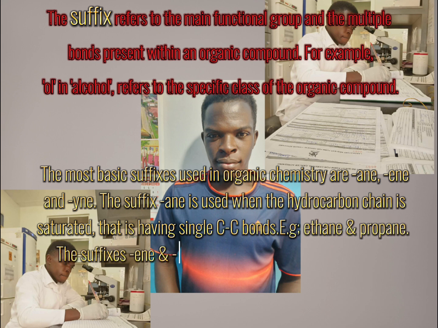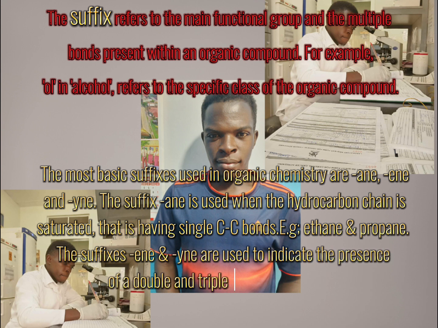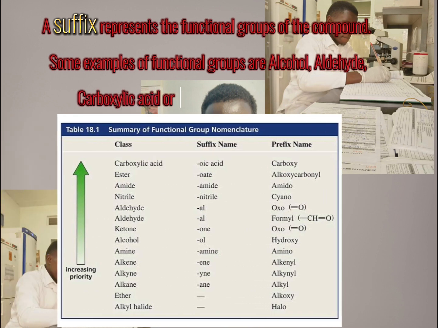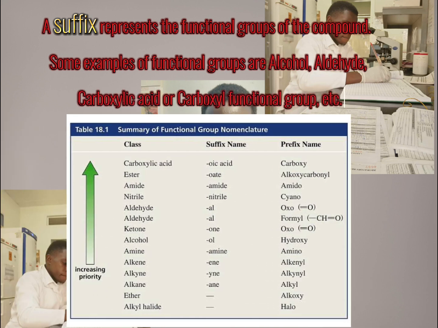For example, ethane and propane. Suffixes ene and yne are used to indicate the presence of double and triple bonds respectively. Therefore, the suffix represents the functional group of a compound. Some examples of functional groups are alcohol, aldehyde, carboxylic acid, carbonyl functional group, etc.